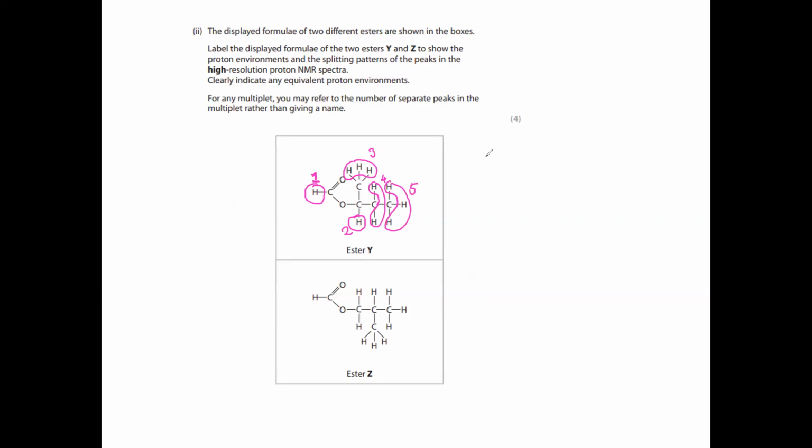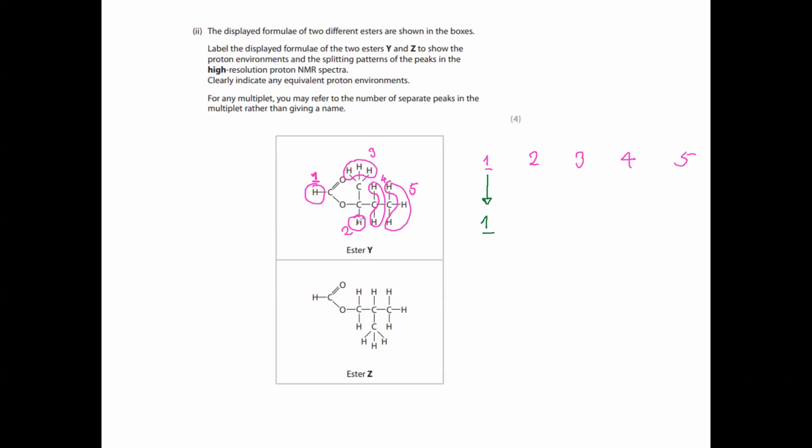So we are talking about peak number 1, 2, 3, 4, and 5. If you take the sub peaks, in peak number 1 there's no hydrogen on the adjacent carbon, so this will remain a single peak.